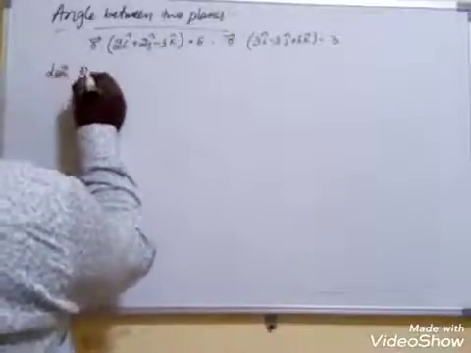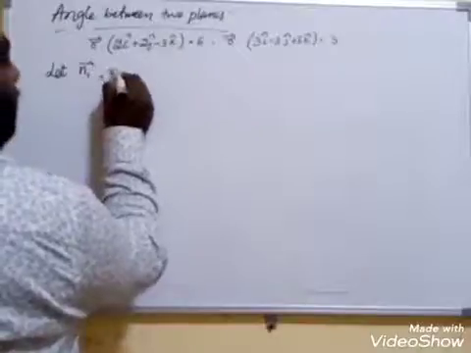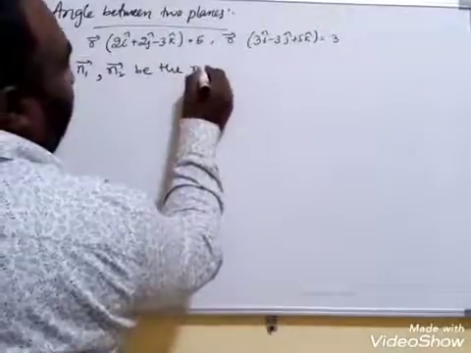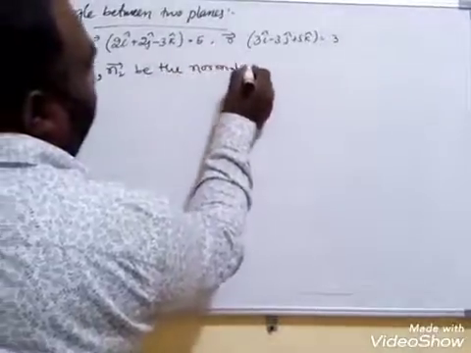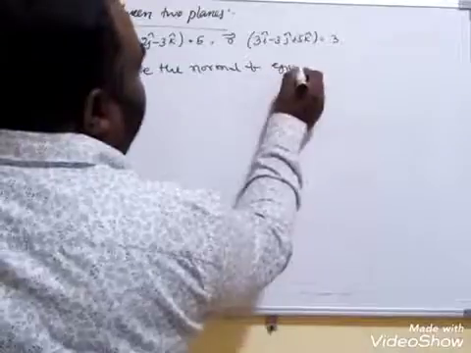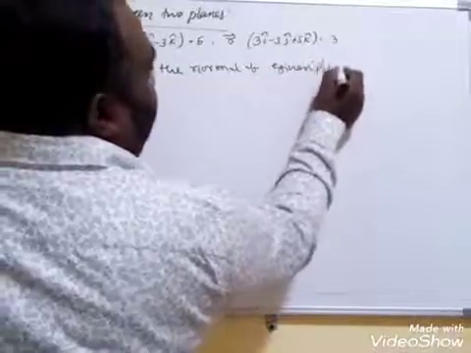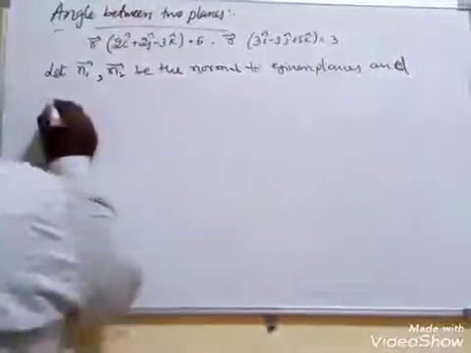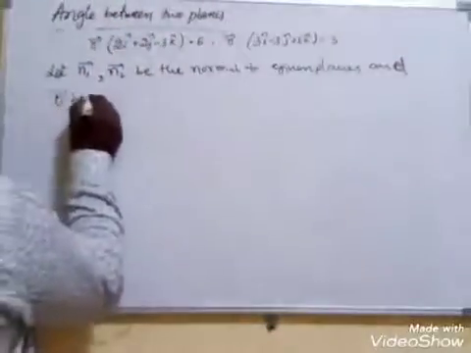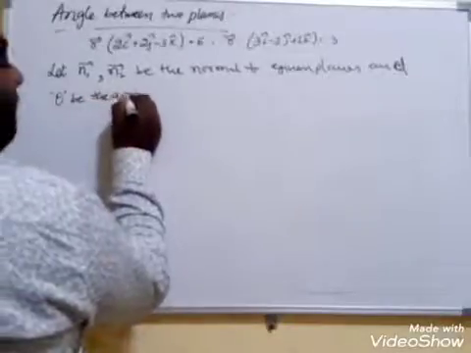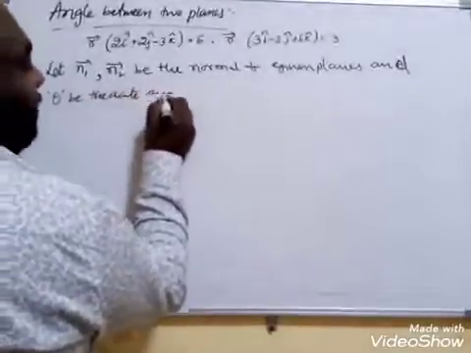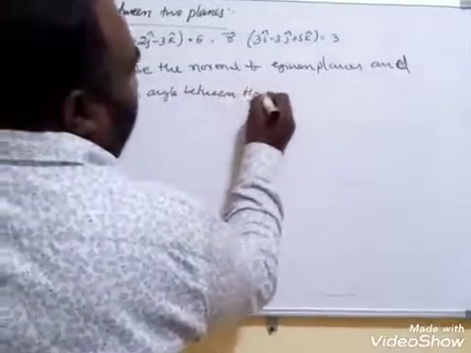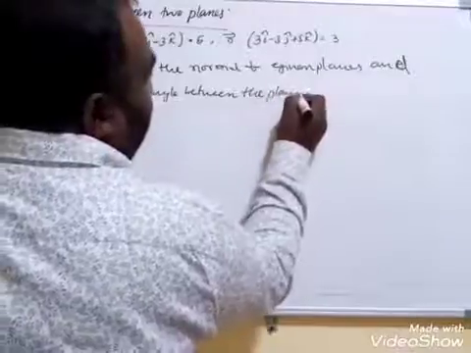Now let n1 bar, n2 bar be the normals to the given planes and theta be the acute angle between the planes.